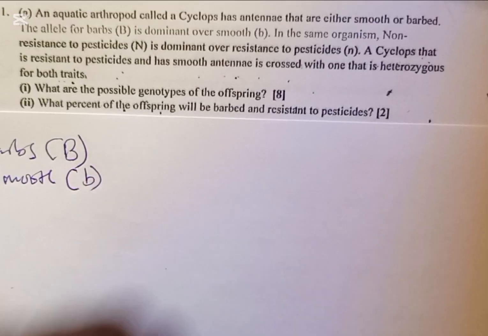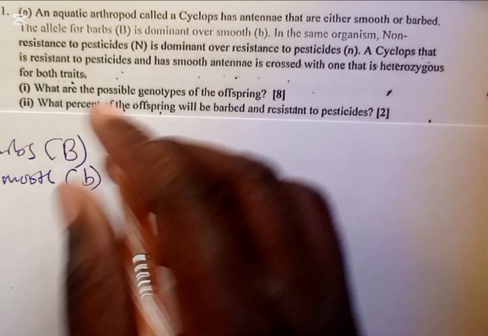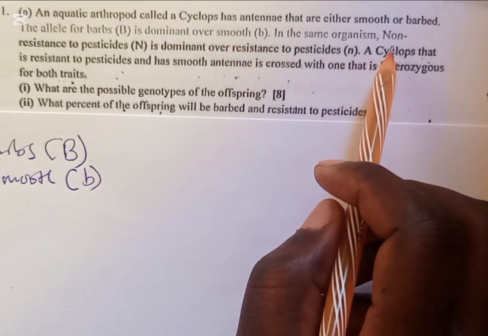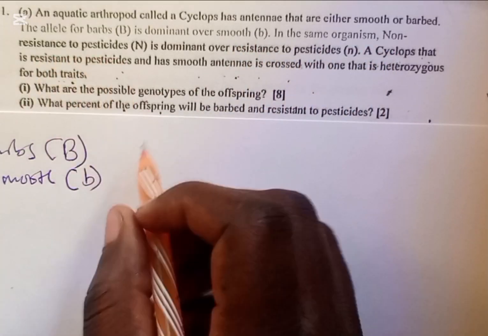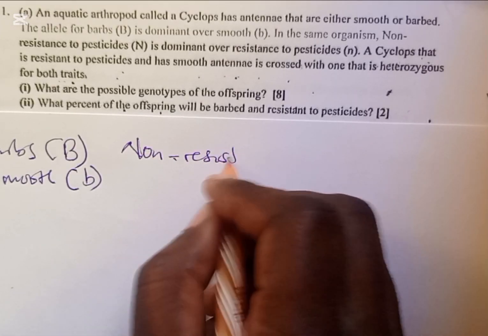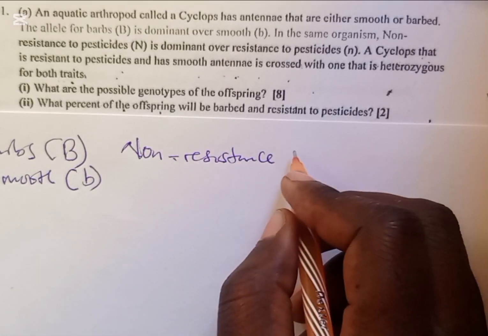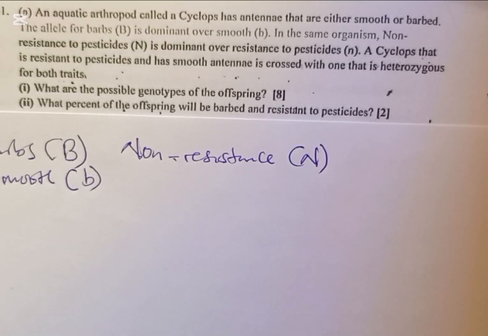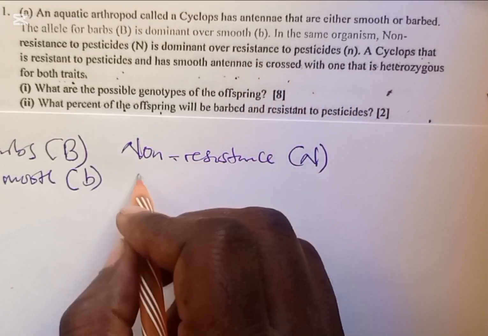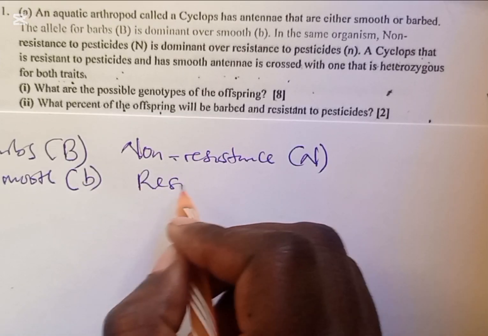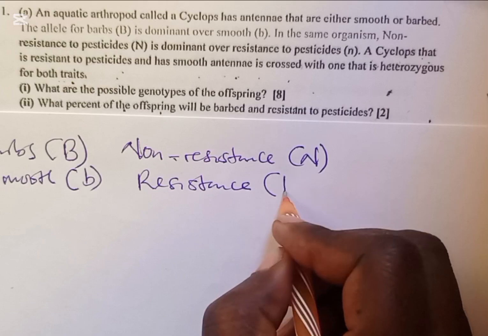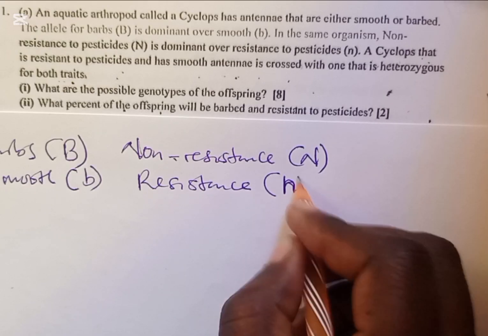So it's a small b like this. And then we are also told that non-resistance to pesticides is N, which is dominant over resistance to pesticide. So resistance in this case happens to be recessive. So small n like this.